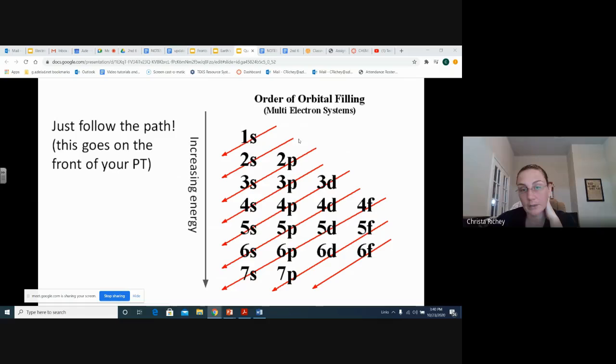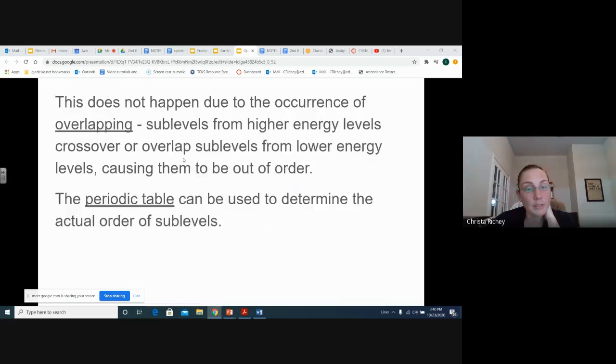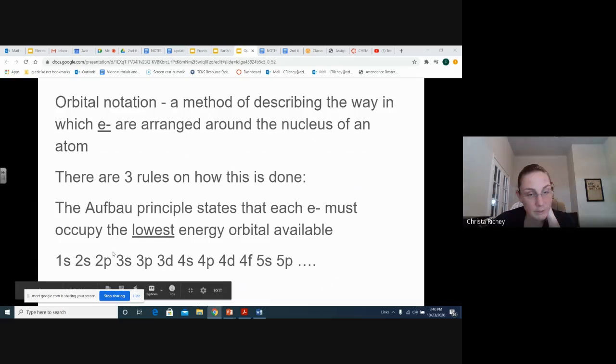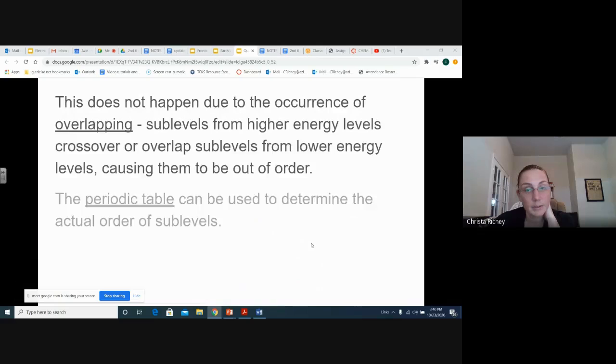Then after that, you have to fill the 2s, then the 2p, then the 3s, then the 3p. But if you notice, you don't go to 3d. You have to do 4s before you do 3d. So that previous order that we did is not right because of what we call overlapping.